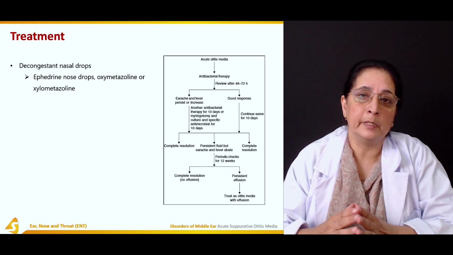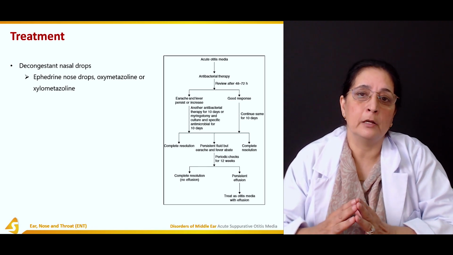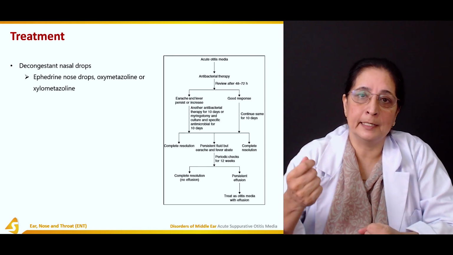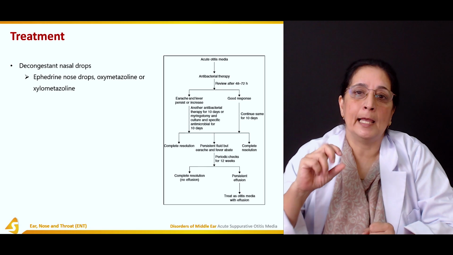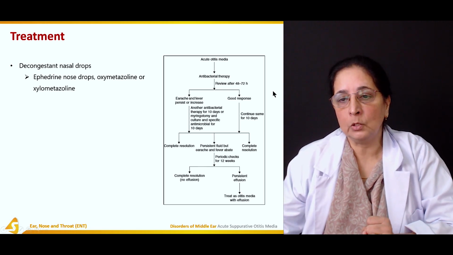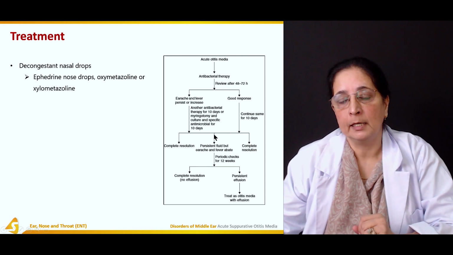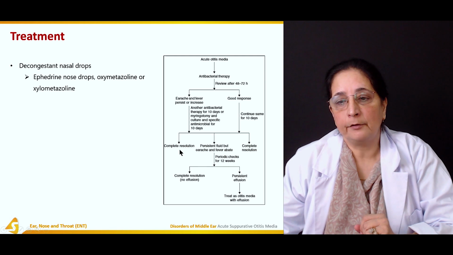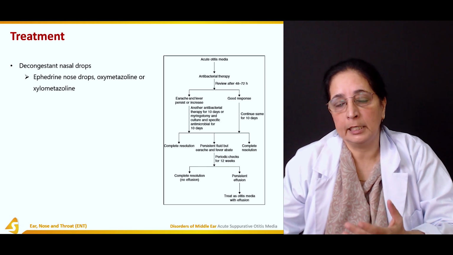What happens with this incision or myringotomy is that the fluid or pus discharge is drained, and usually this helps to relieve the pain and the fever. So another antibiotic, and then sometimes this leads to complete resolution of the condition.